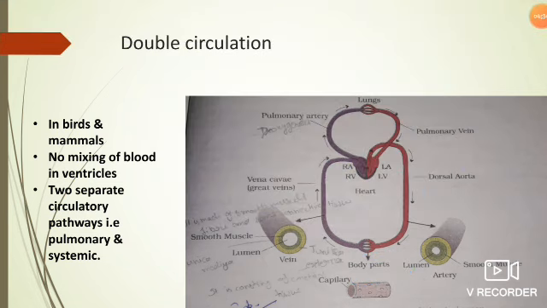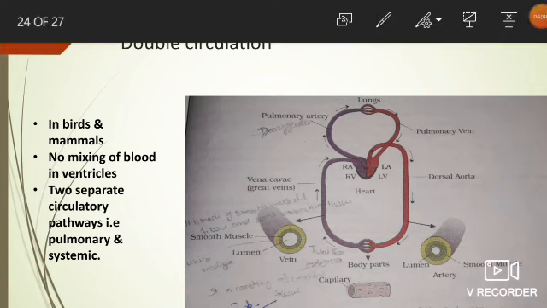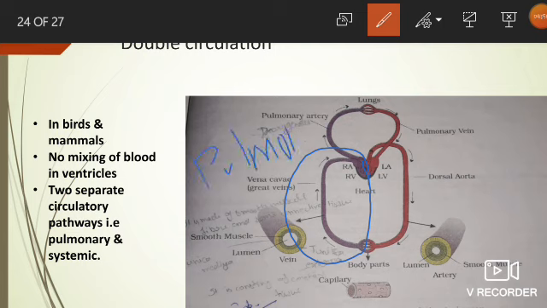So in double circulation, in the right part of the heart there is always impure blood, so that circulation is named as pulmonary circulation.